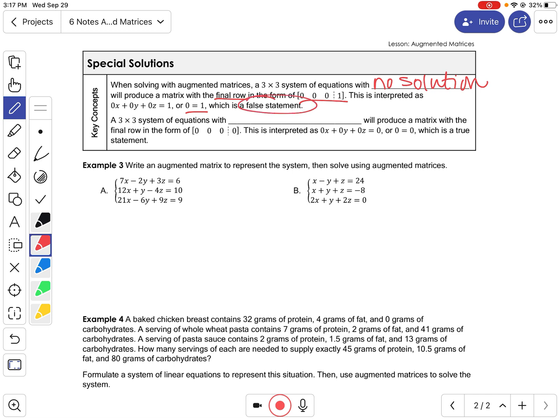That is a false statement, which means there's no solution. So if I plug it in and I end up with a 0, 0, 0, 0, that is a true statement, which means infinitely many solutions, which means they have every point in common.